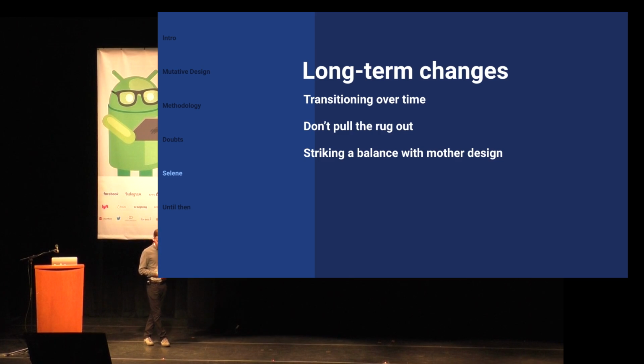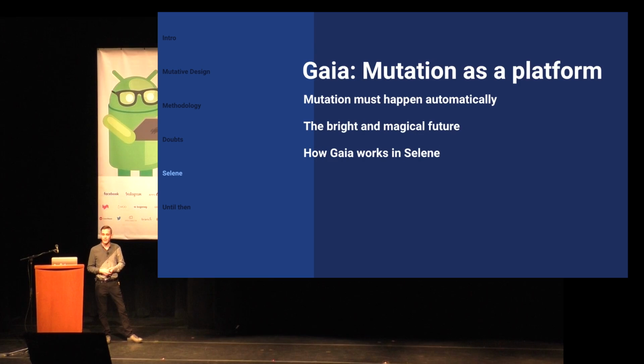My current idea about this, and it's an ongoing project, so this will probably change, is striking a balance with the mother design, the first design that you do, deciding what elements establish that mental model and those muscle memory factors, and then sticking with those. Don't switch 2 buttons around just to promote a new feature, things like that.